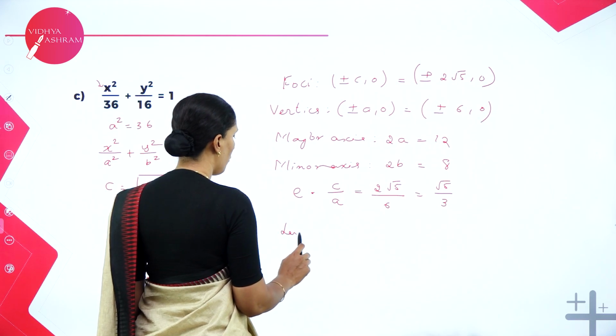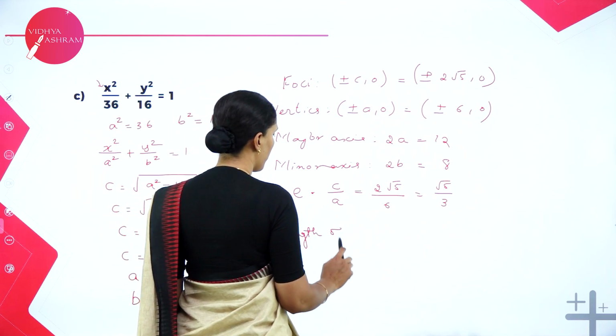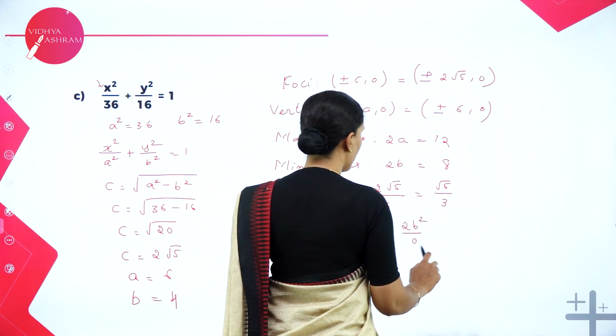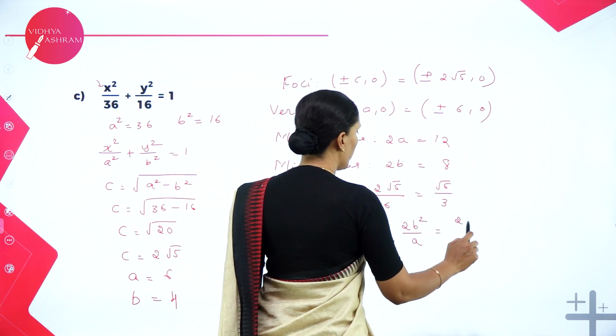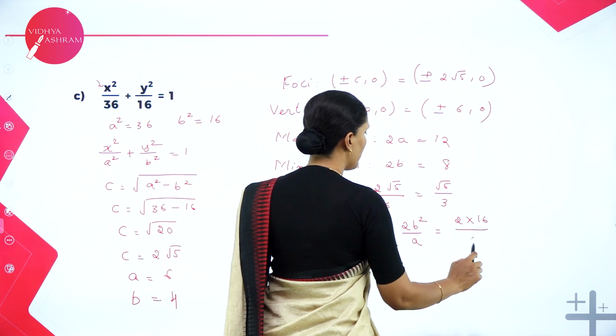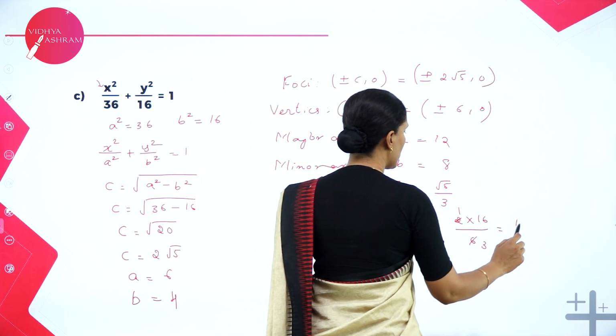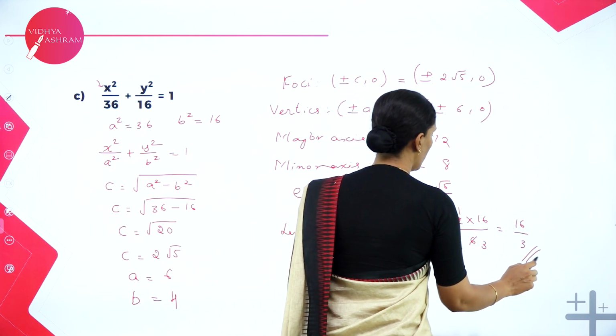Next, we have length of latus rectum. So which is 2b square by a, which is equal to 2 into 16 divided by 6. 2 1s are 2, 3s are, which is 16 by 3 units.